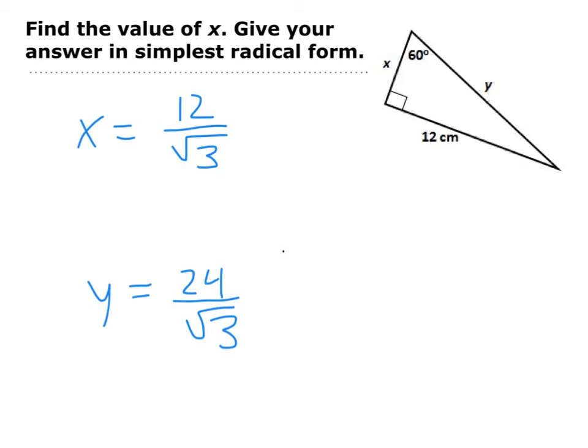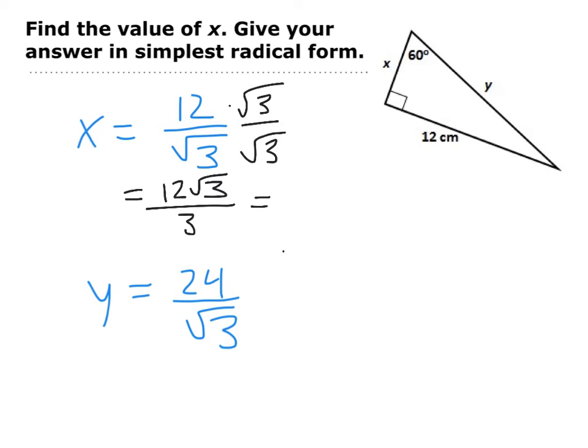For x, how do we get rid of the square root 3 on the bottom? We multiply the top and bottom by square root 3. So what are we going to get on the top? 12 square root 3.